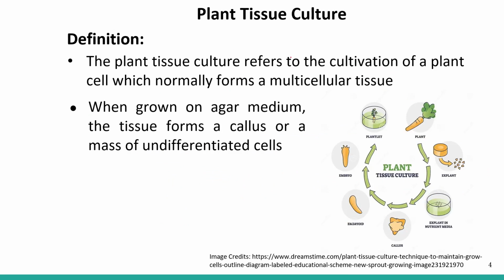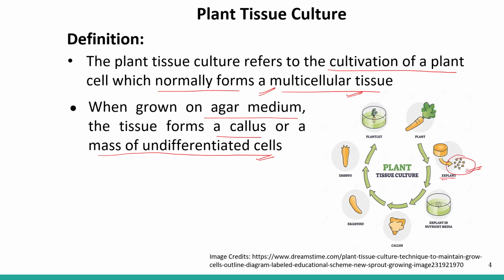Plant tissue culture refers to the cultivation of plant cells, which normally form a multicellular tissue. So here we are considering the multicellular tissue, that is the callus. When grown on agar medium, the tissue forms a callus, a mass of undifferentiated cells. So here we are taking the explant.